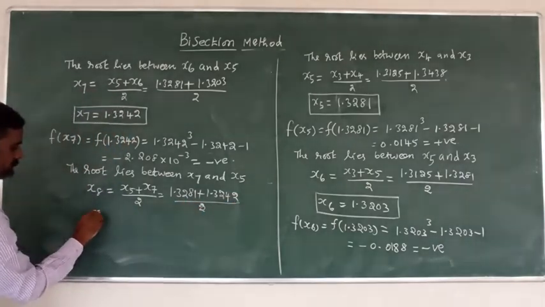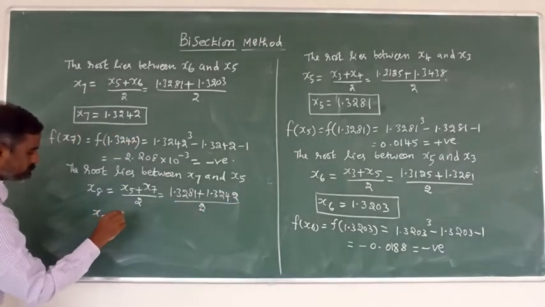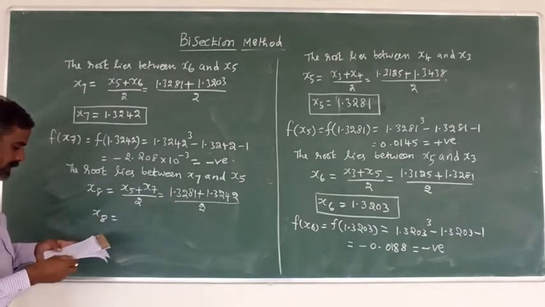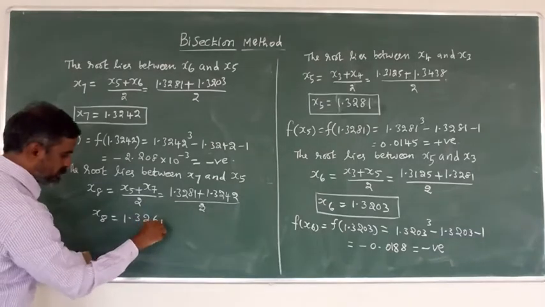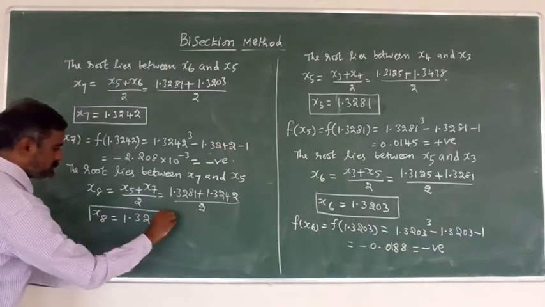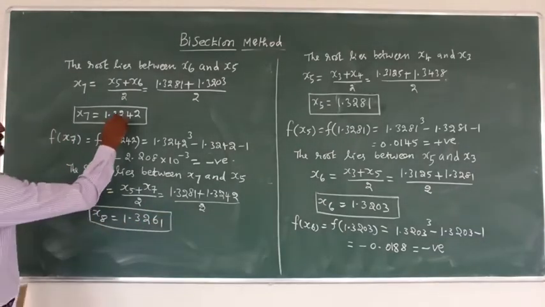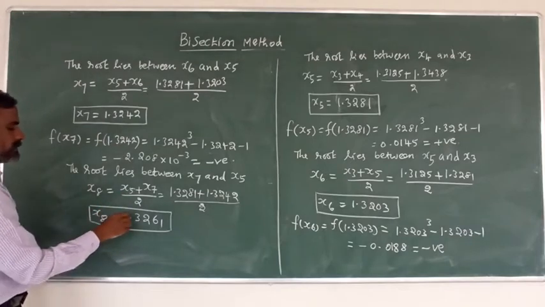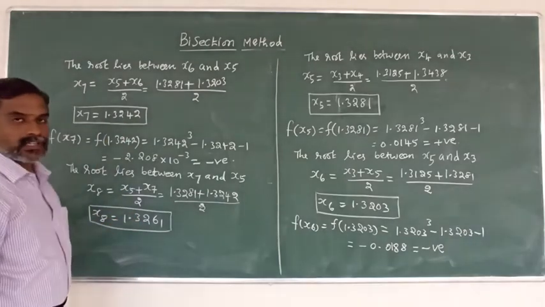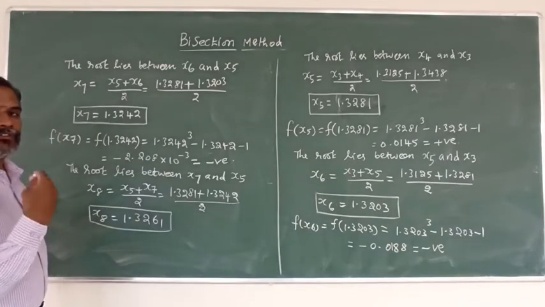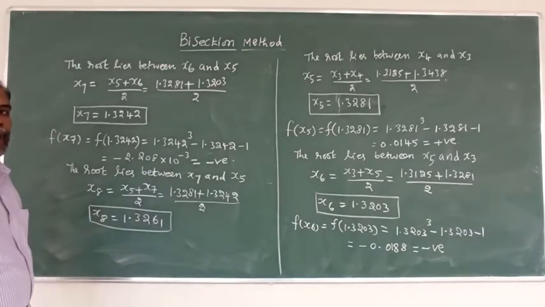Now x8, the average of these two, is 1.3261. Now x7 and x8: to compare these two, both results are not same, so we have to do another iteration.